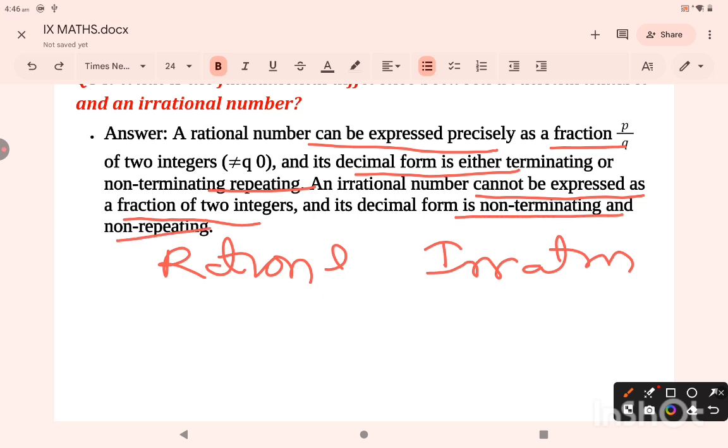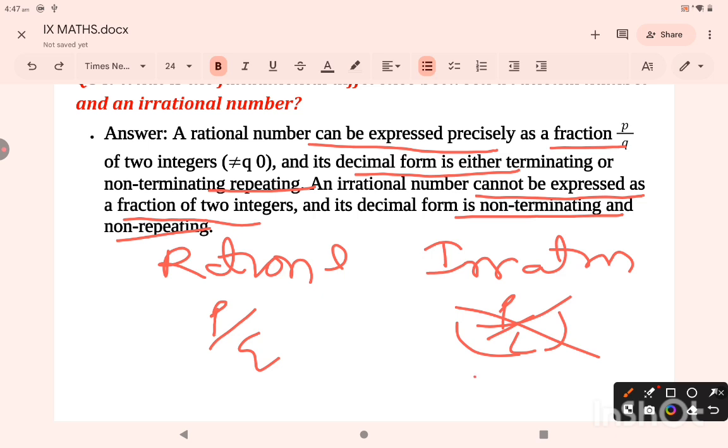So, every rational number can be expressed in the form of p by q. That means all the numbers are in the form of p by q here, while irrational numbers are not in the form of p by q. Next, the decimal expansion of rational numbers are terminating and non-terminating recurring decimals.